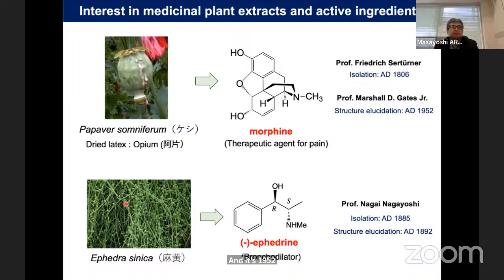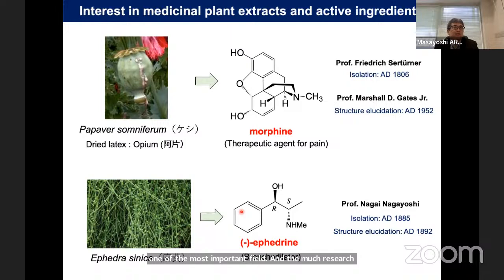Ephedrine was isolated in 1885, and its chemical structure was clarified in 1892. Even today, the analysis of the constituents of medicinal plants is one of the most important fields of natural product chemistry, and much research is being conducted in this field.